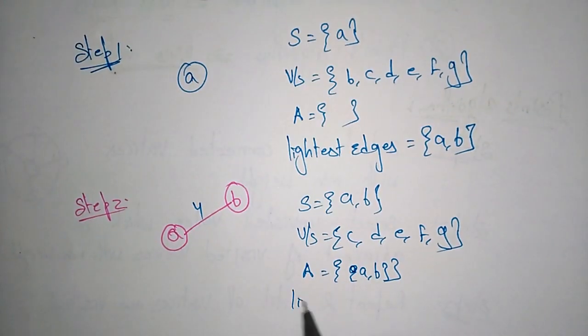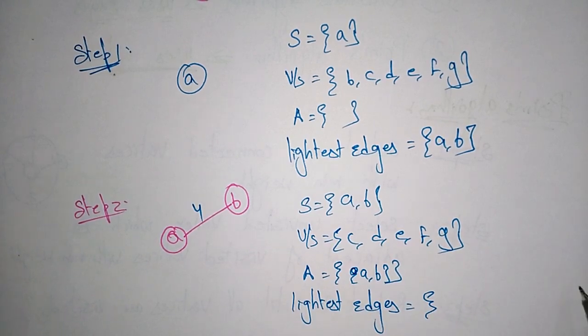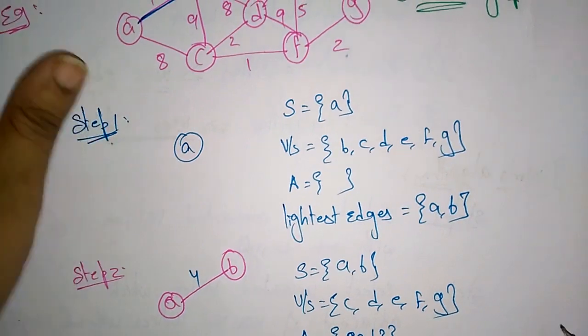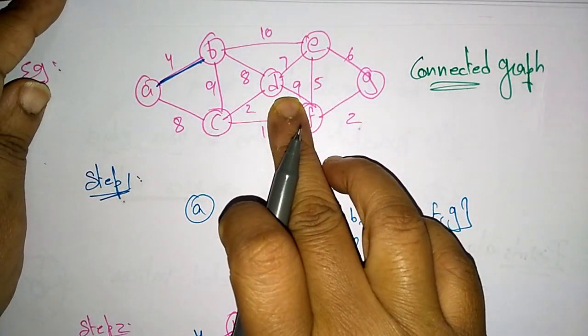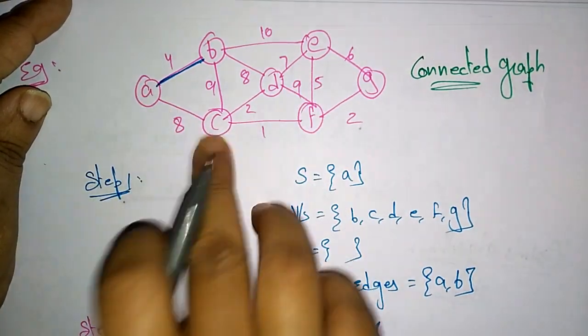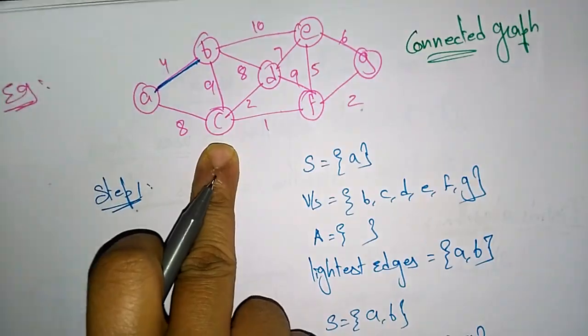And what are the lightest edges for these vertices? The lightest edges are BD or AC, both having 8.